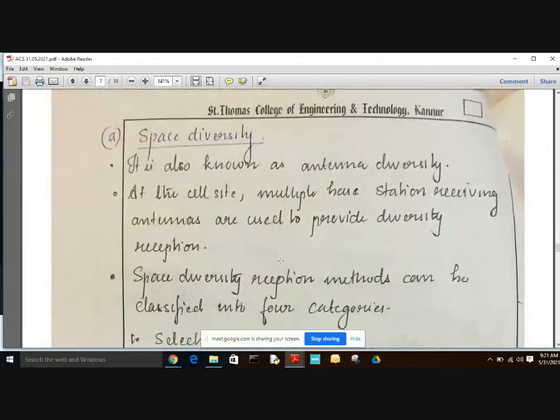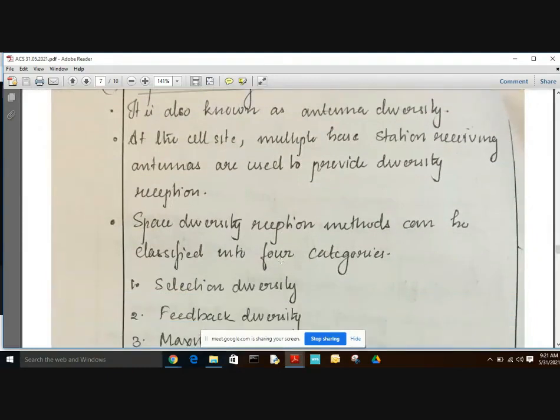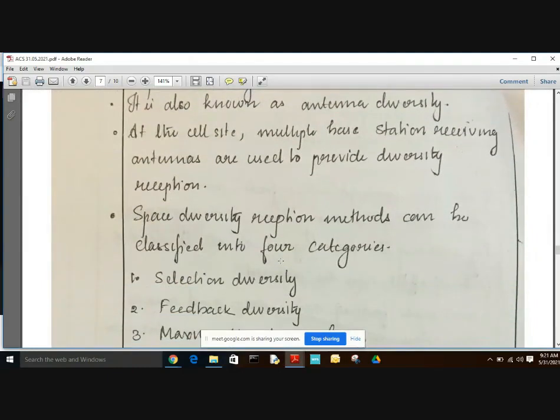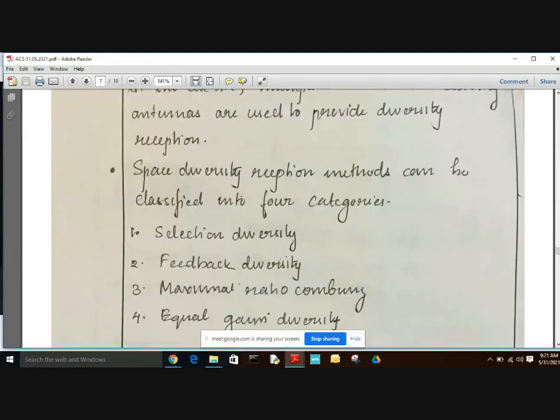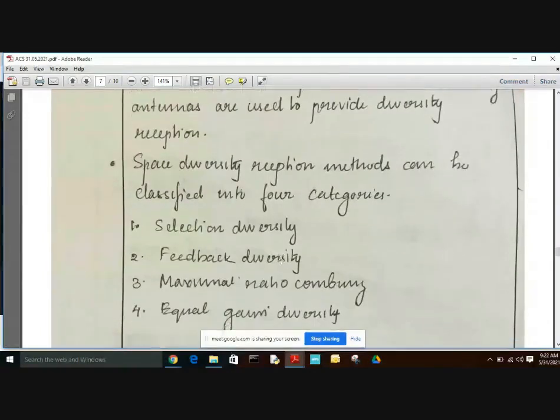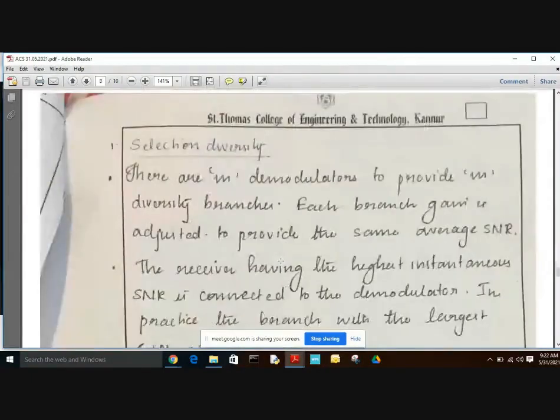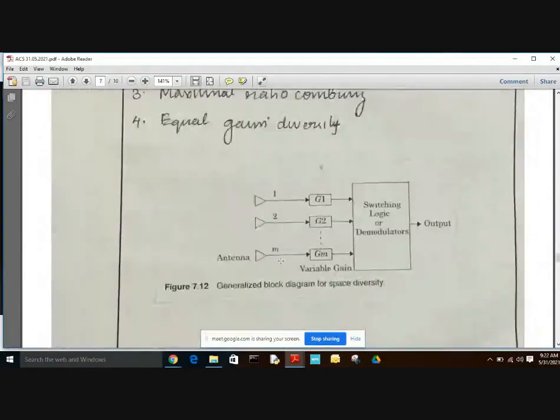The first one is space diversity, also known as antenna diversity. For this, we have multiple antennas at the receiving side, and these receiving antennas are used to provide diversity reception. Based on that, we have four categories. First one is selection diversity. This figure shows the generalized block diagram for space diversity.